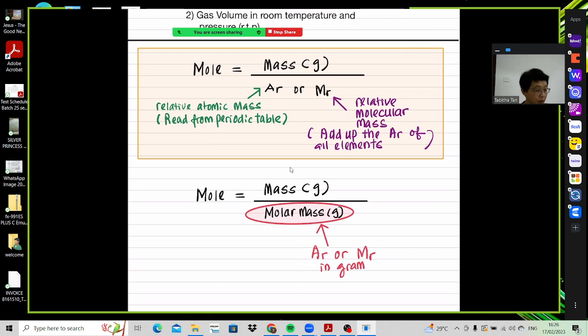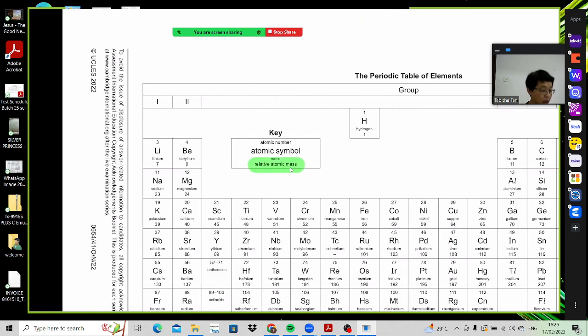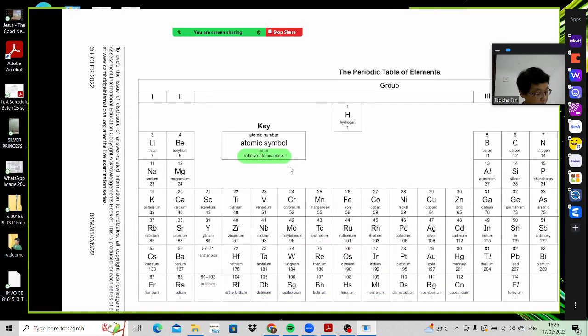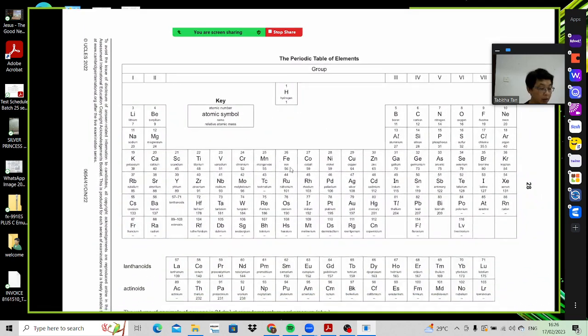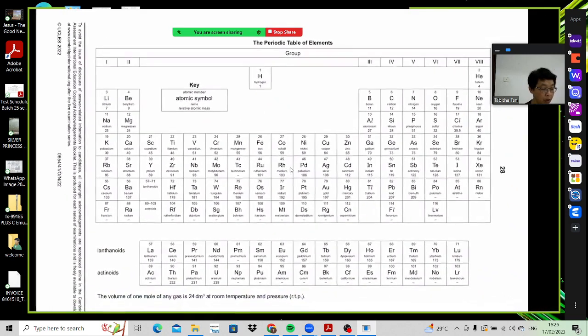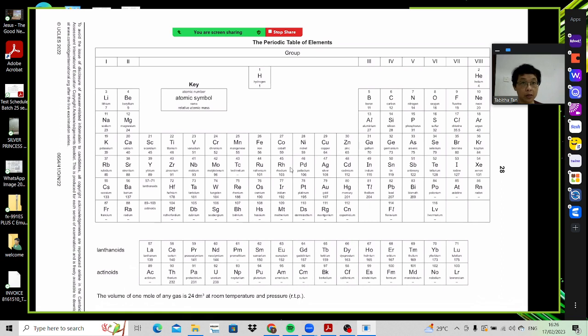So you can easily come back to this formula, mass over AR or MR. We have seen where to find the relative atomic mass, so I am going to put it here for our reference, just in case we need it as we go through the examples.